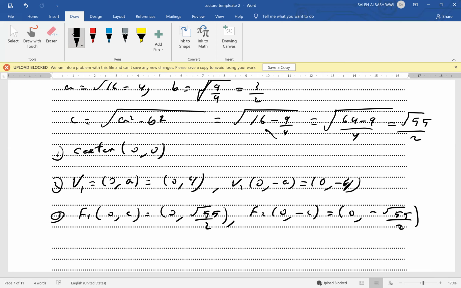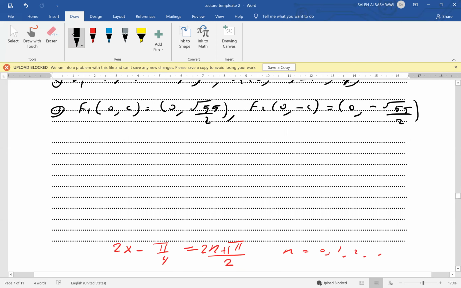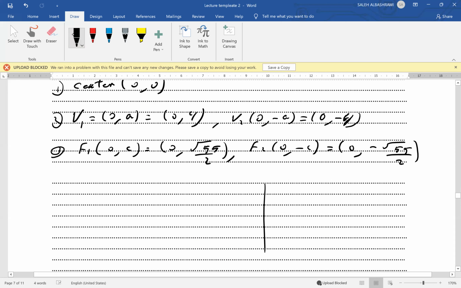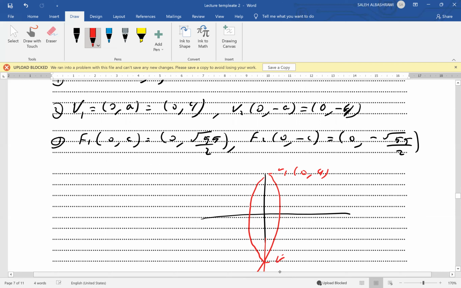So we have the center, the vertices, and the foci. The shape of this ellipse will be vertical, something like this one, where V1 is 0 and 4, V2 is 0 and minus 4, and the focus points will be 0 and the square root of 55 divided by 2, and 0 and minus the square root of 55 divided by 2.